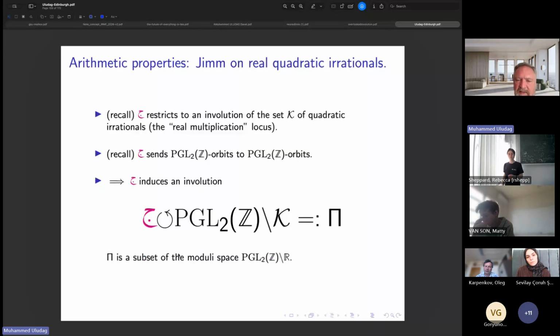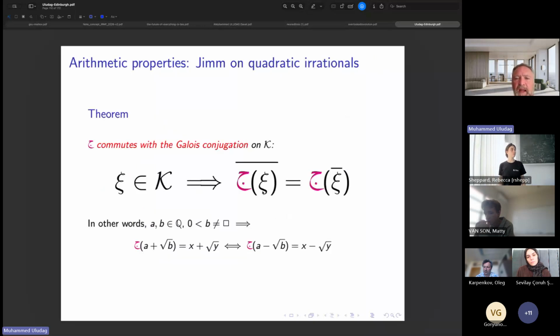This set pi is a subset of the moduli space R divided by PGL2Z that we have just discussed. And moreover, concerning the action of Jimm on quadratic irrationals, we have the theorem that Jimm commutes with the Galois action on this set. So Jimm of xi bar equals Jimm of xi, bar.